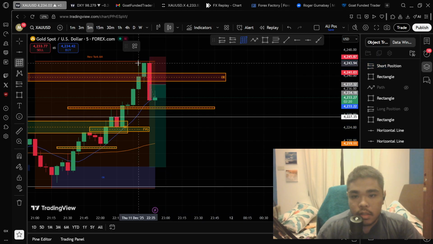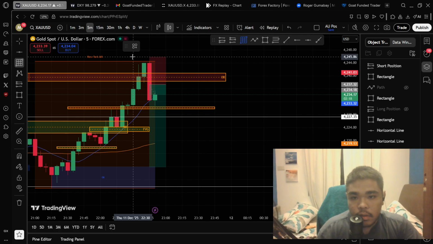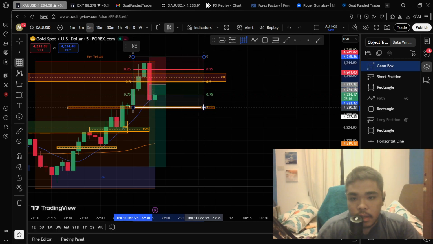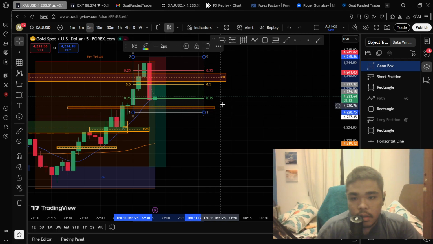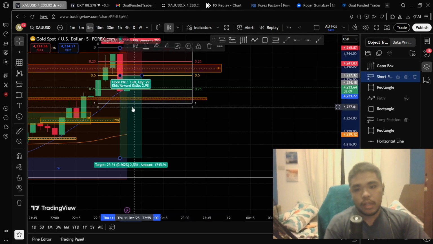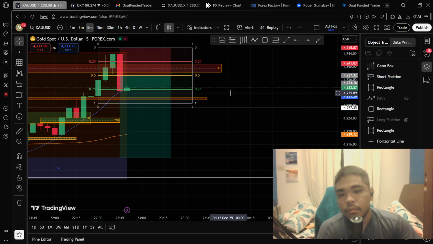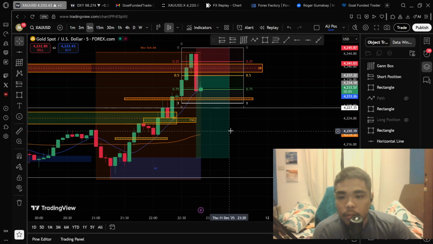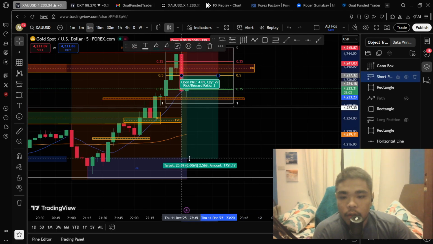And to be honest, just look at the 1:1 of this trade that's happening. We're not past 1:1, so we're not putting it to break even. Take profit would be ideally on this order block.